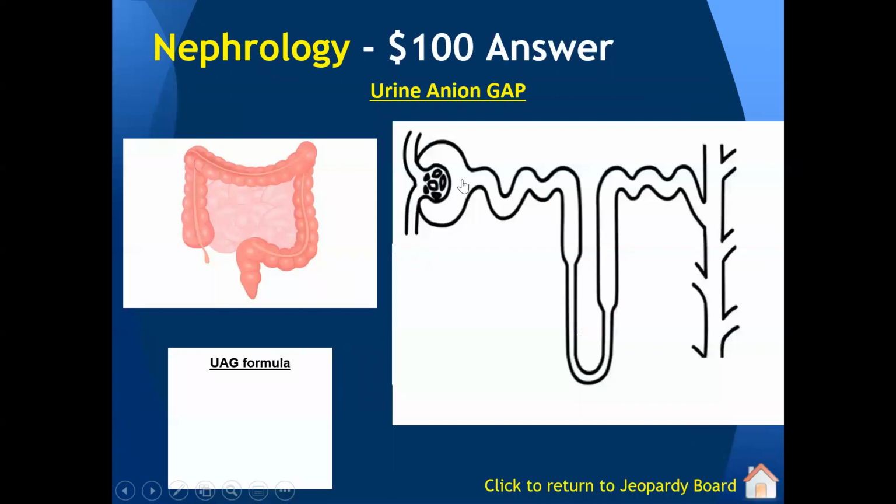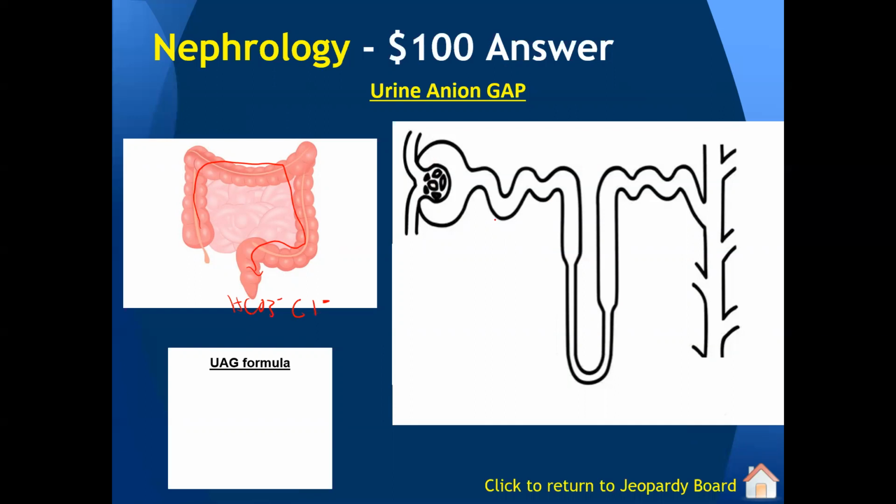So this confused me a lot. What is a urine anion gap, and why does this tell you the difference between GI losses versus renal losses? So in GI losses, what happens is you have that loss of bicarb, as well as loss of chloride, but your kidneys are still working.